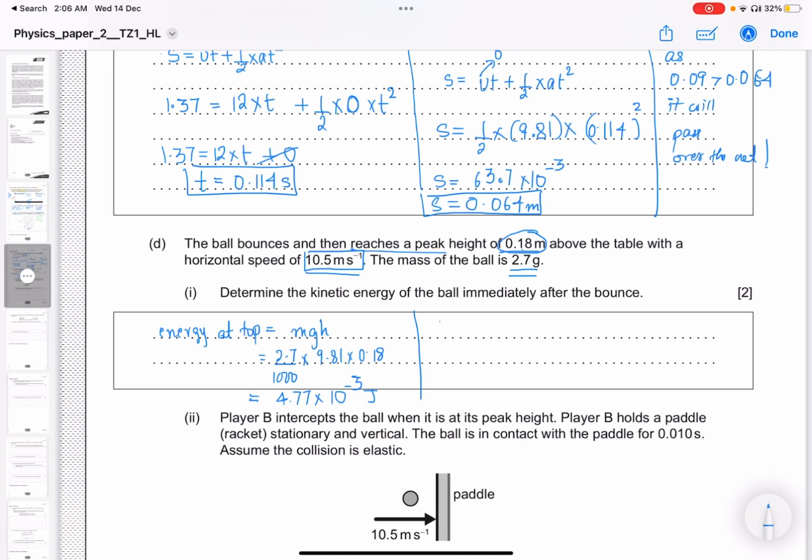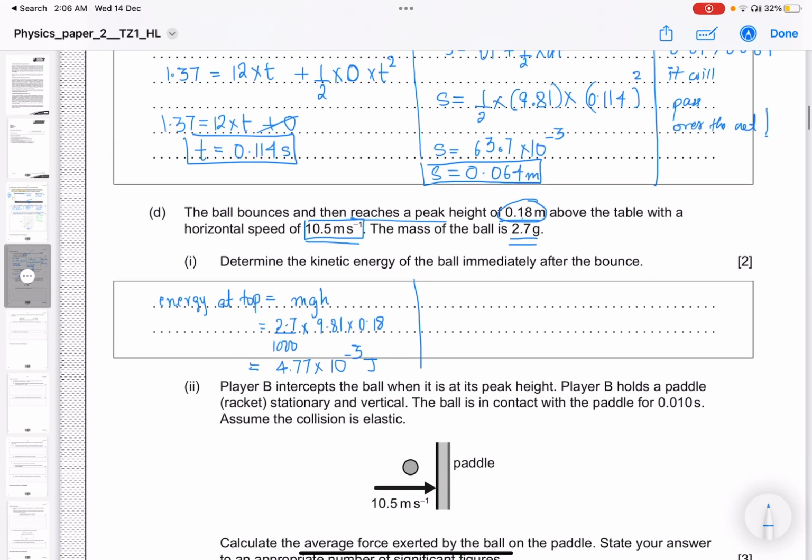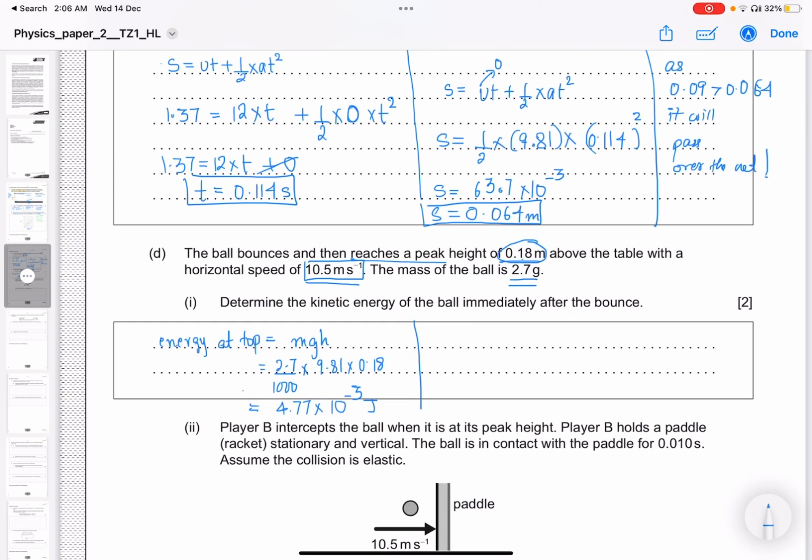Now, in the law of conservation of energy, the energy at the top must equal the energy at the bottom. But this is energy only because of height. We also learned that there is horizontal speed of 10.5 at the top, so we have to take that into account too.